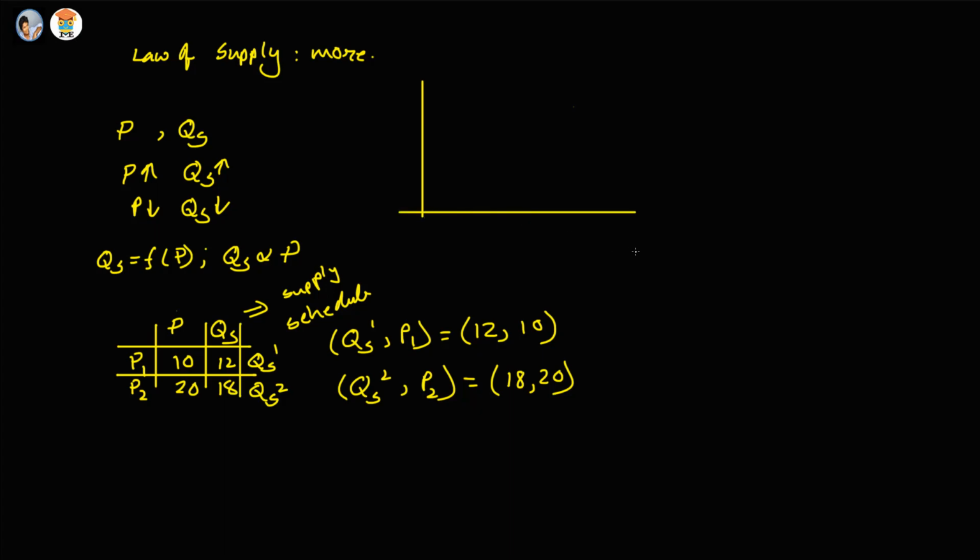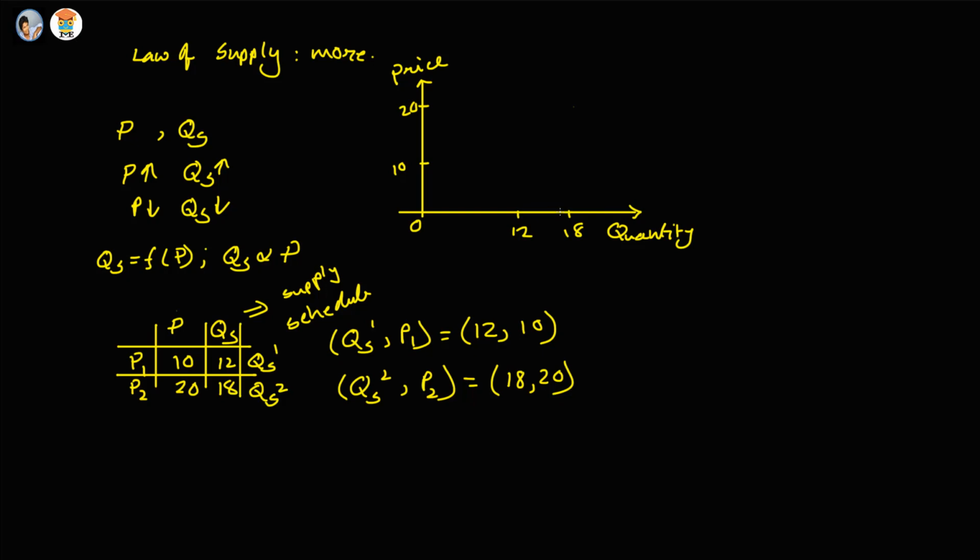Now, if we draw these points on a diagram, say here we have the y-axis, and here we have the x-axis. Say here we show quantity, it is Q, and say here we show price. Say this is 10 and this is 20, and for quantity, say this is 12 and this is 18.